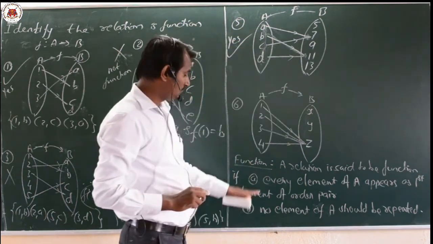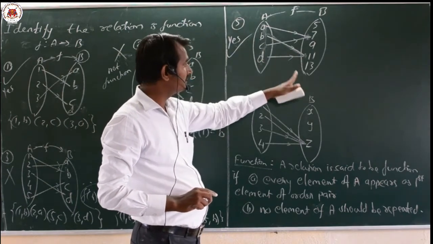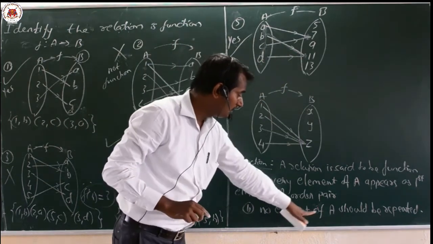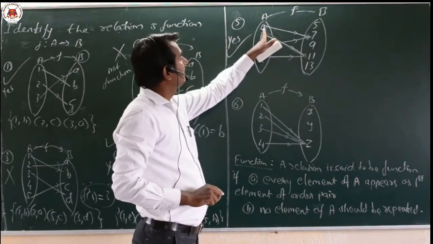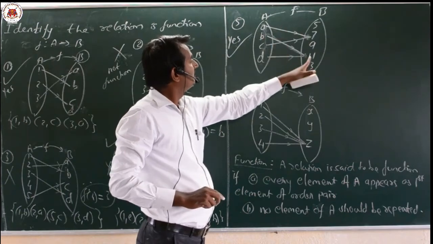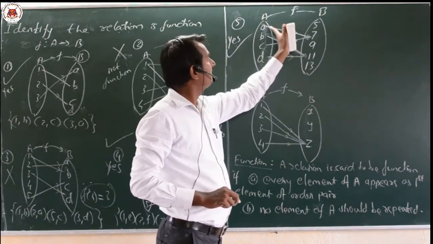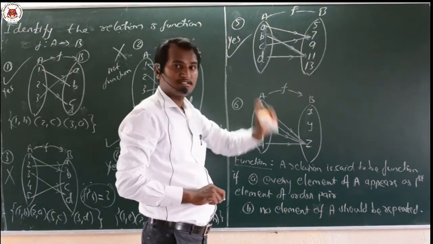That means the first condition is also approved. Every element is having an image. Second condition, no element of A should be repeated. That means every element of A is having only one image: A to 7, B to 11, C to 9, and D to 11. Here the image may be repeated, nothing wrong in that.